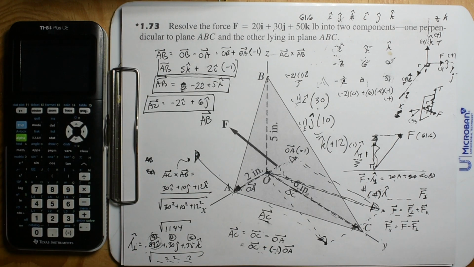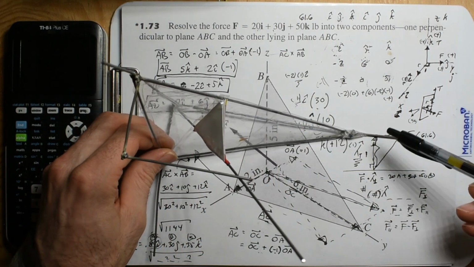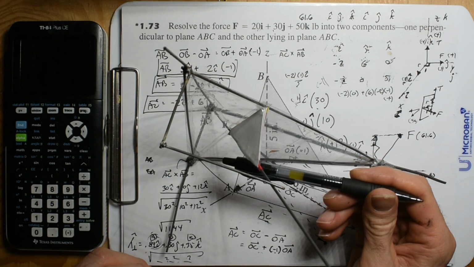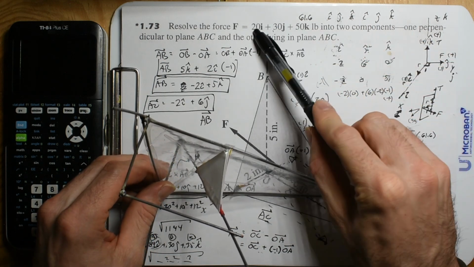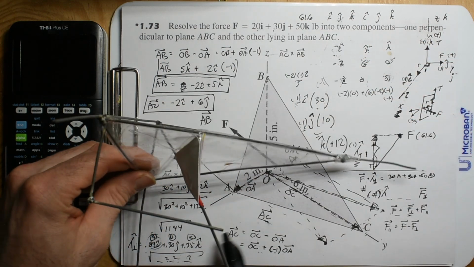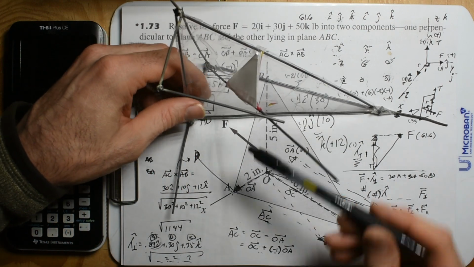Let's slow it down and see how that works out. Because these have x, y, and z components, our force here has an x component, a y component, and a z component. That's what this is. And then our perpendicular vector has an i component, a j component, and a k component.